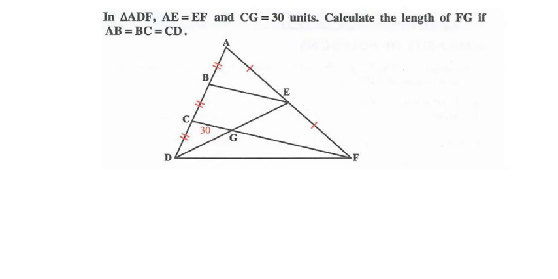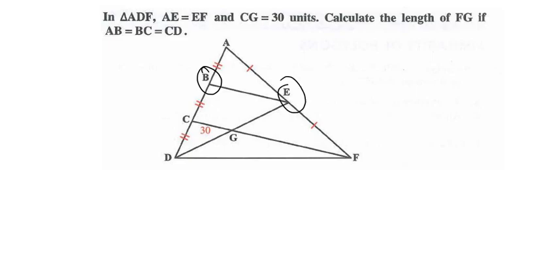So this is going to apply the midpoint theorem. And how do we do this? First of all, we're given that AB is equal to BC, and that A is equal to EF. If you focus on this triangle here, you can already see that there is a midpoint.